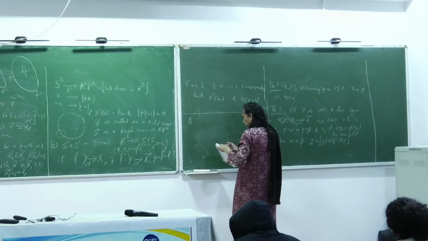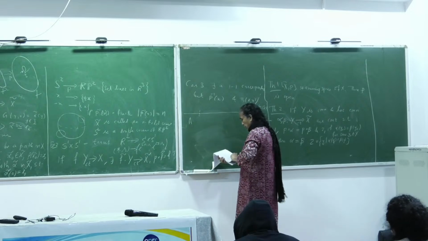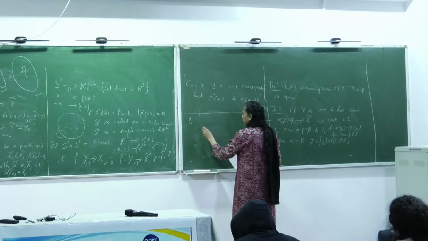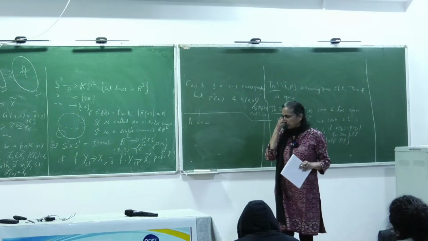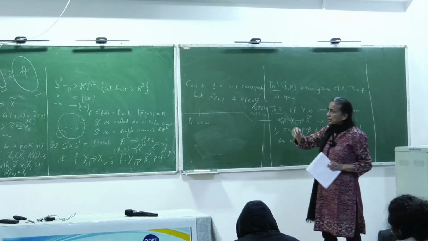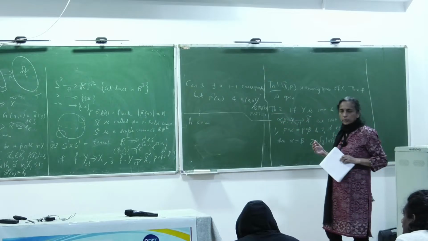Okay, I will not do more examples. So a space is called simply connected if its fundamental group is trivial, but our definitions always have locally path connected.